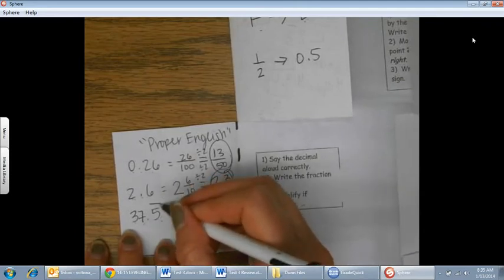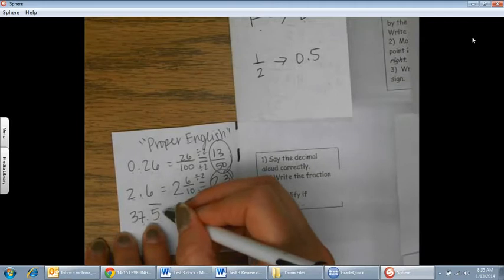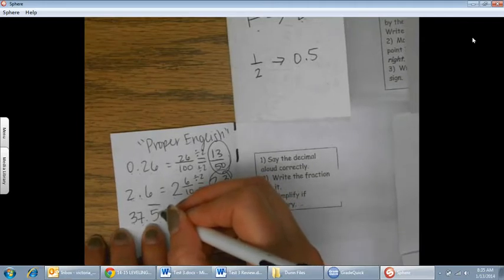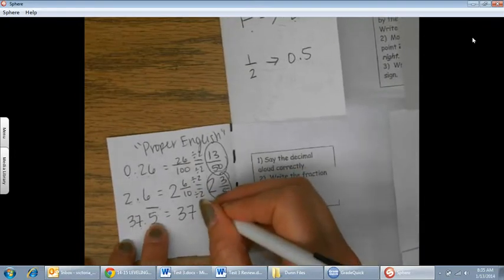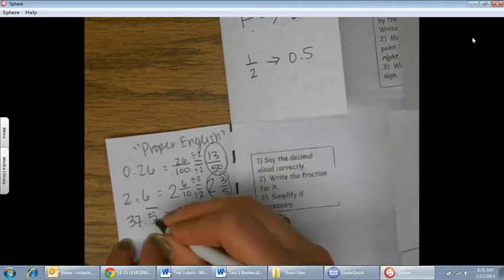That's the numerator, and our denominator is only one digit of 9, since there's only one digit that repeats. So that would be 37 and 5/9. And that can't simplify, so that's that answer.